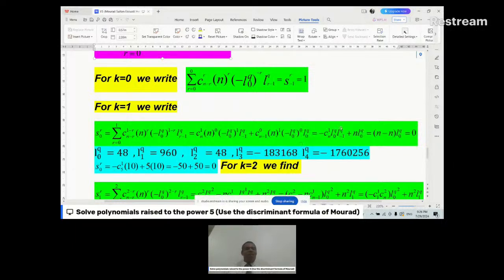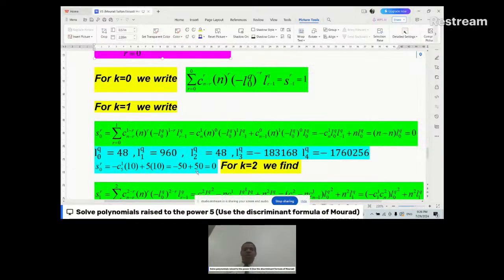After developing and simplifying this expression, you can see this is n minus n times L0 for the q equals 0. So the value of S0 for this new fifth polynomial equation is equal to 0, simply because x1 plus x2 plus x3 plus x4 plus x5 equals 0.